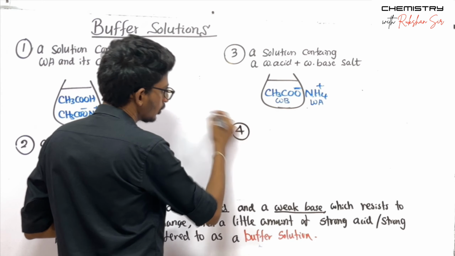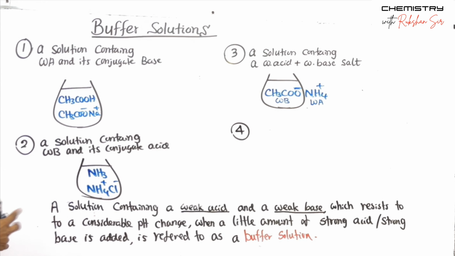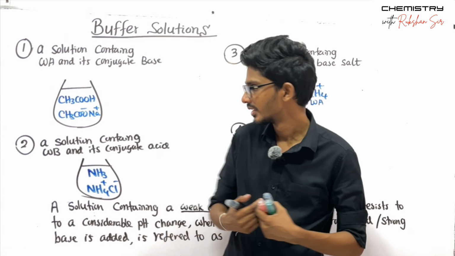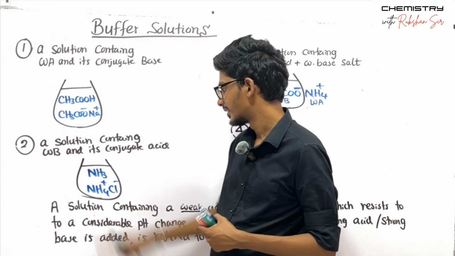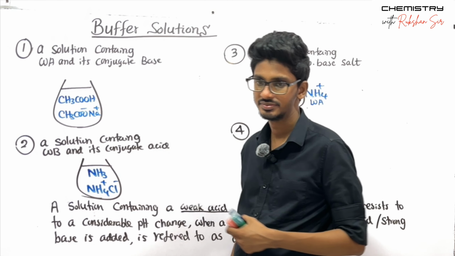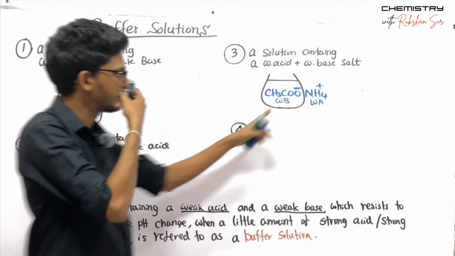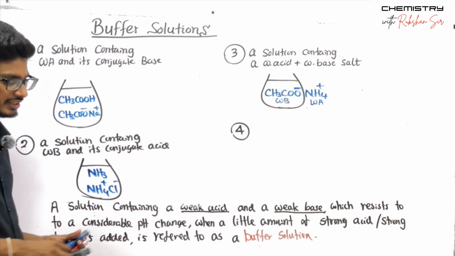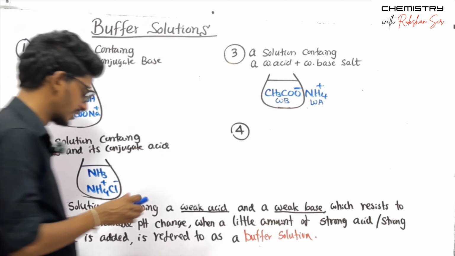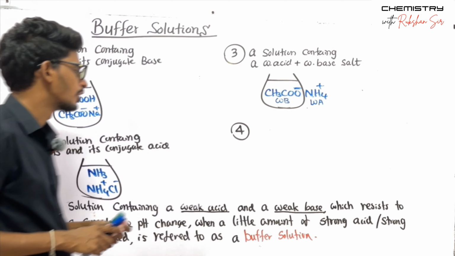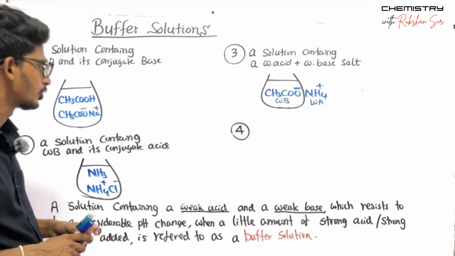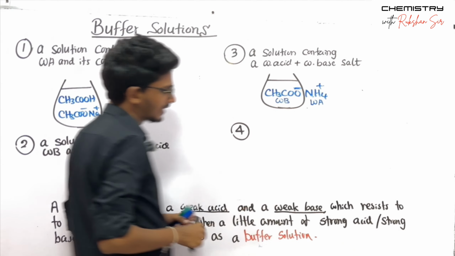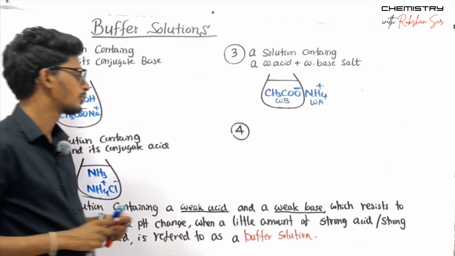So see, with all of this, you could see some species which can show acidic as well as basic properties: a weak acid and a weak base. For the fourth kind, you could construct a buffer solution with the use of a half salt coming from a polyprotic acid.